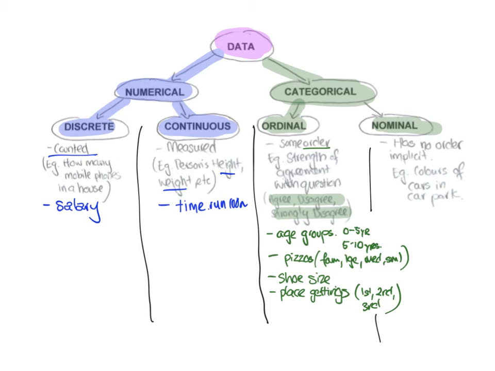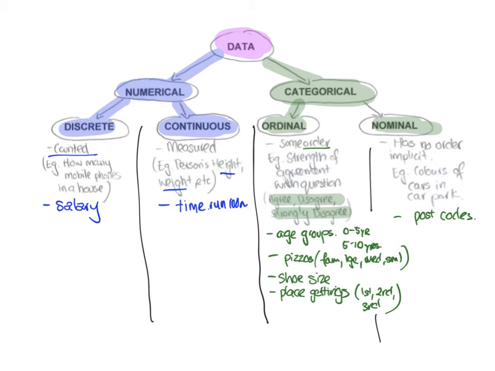The one that caused the big exam kerfuffle, lots of arguments, was actually postcodes. You might want to put that in there. That was purely because kids did not understand. They knew the difference between nominal and ordinal, but they didn't know how postcodes came about. They thought it was a distance from the city. It isn't. Postcodes are just randomly given out as the suburb is born or developed.